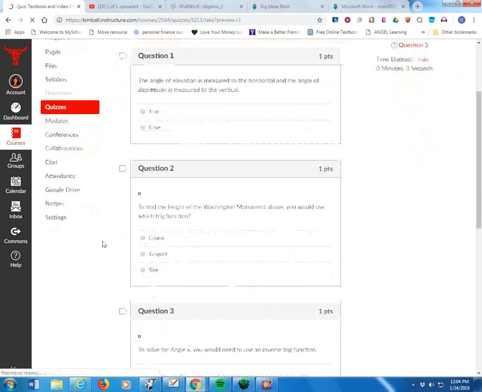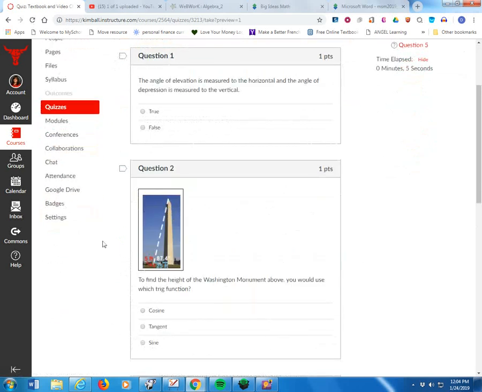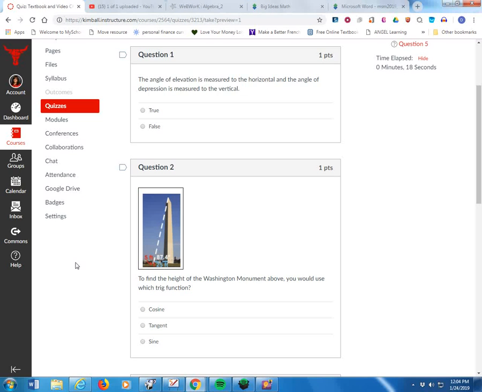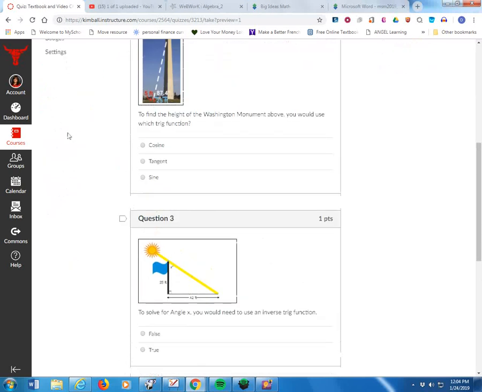The angle of elevation is measured to the horizontal. The angle of depression is measured to the vertical. False, they're both measured to the horizontal. Question 2. To find the height of the Washington Monument above, you would use which trig function?